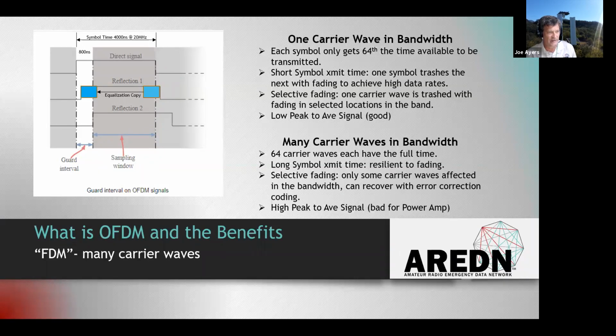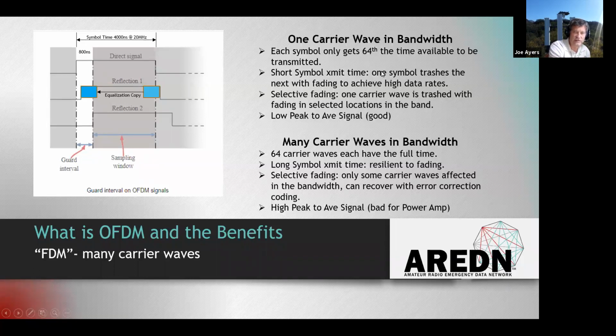And if we did that, the symbol time would be 64th the time, compared to if we had 64 carrier waves right next to each other in the bandwidth, because then we can transmit each carrier wave in parallel and take up the full timing comparatively.